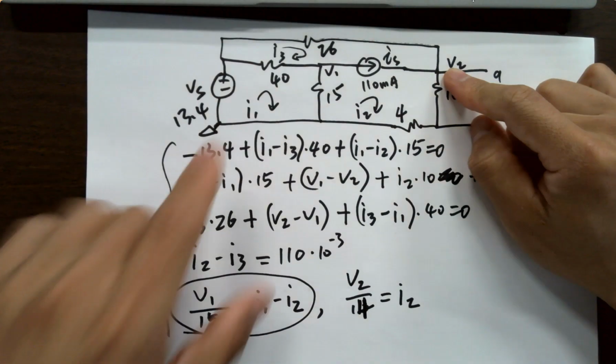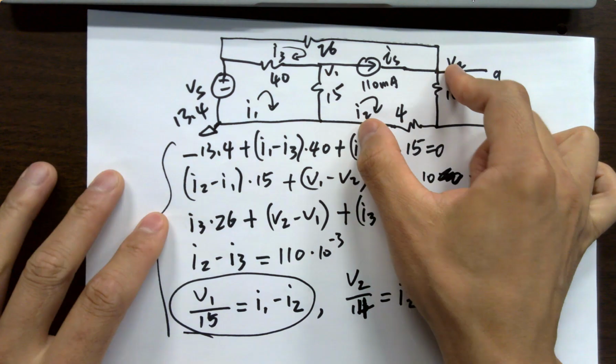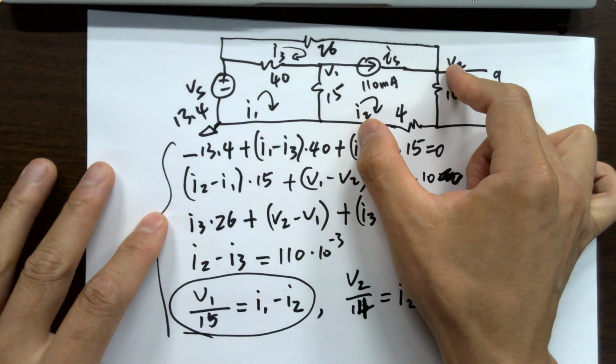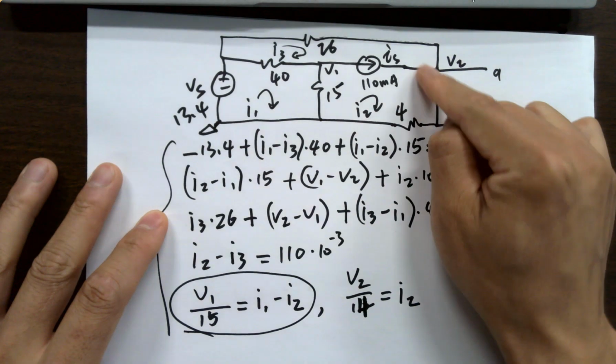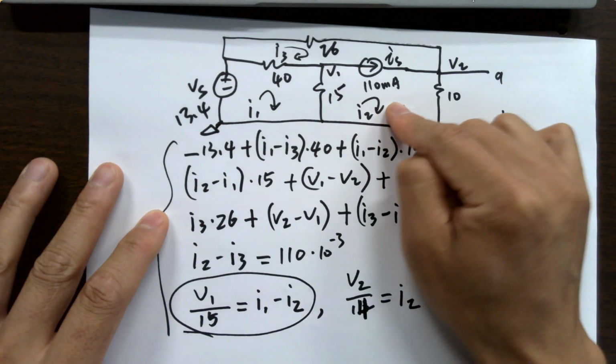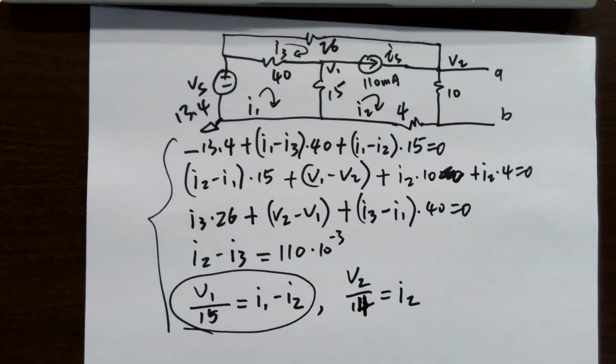You got a V2, you got 0, so the overall drop across it is V2, and you have 14 ohms in between. So this is I2, the same current, so we can use Ohm's law because it's the same current. If they use a different current, you cannot directly do this, right?